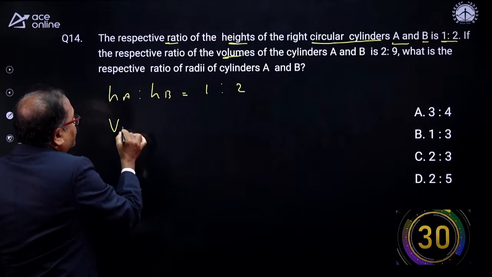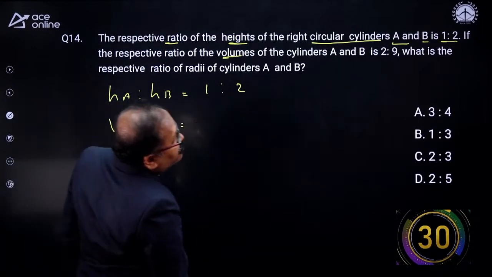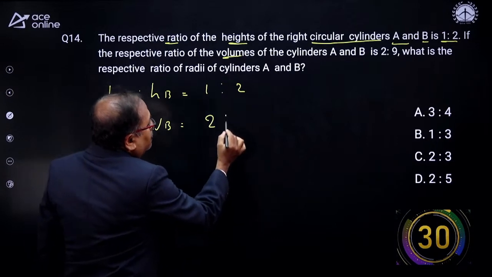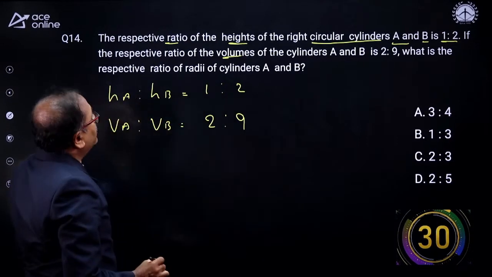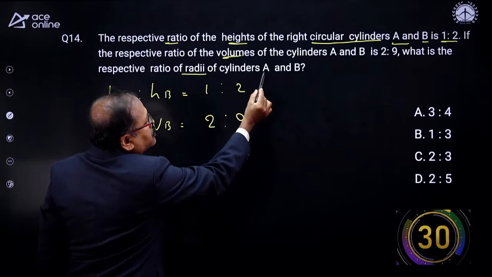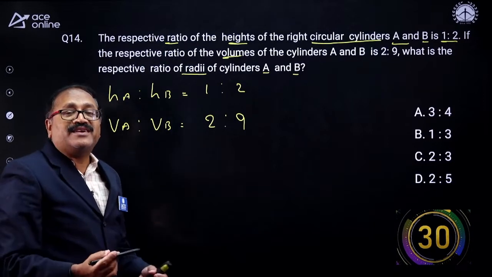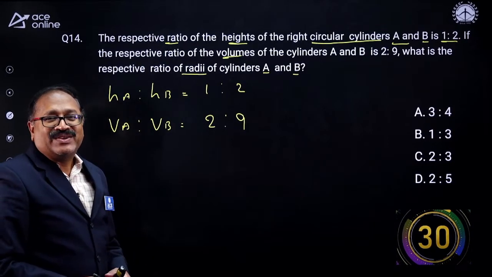So the volume of A is to volume of B is 2:3. Okay, what is the question? What is the respective ratio of the radius of cylinders A and B? The radius ratio. Okay, friends.